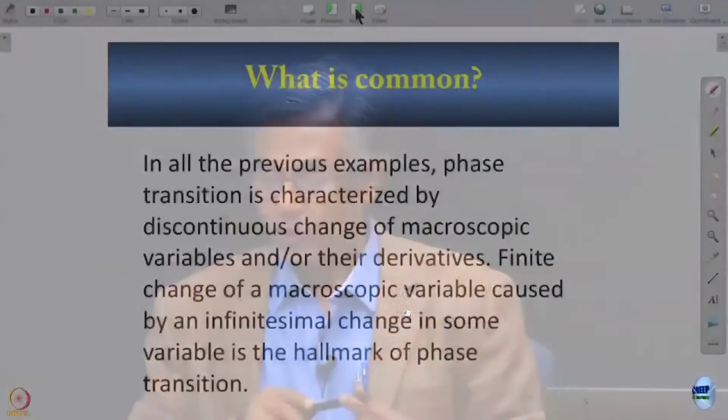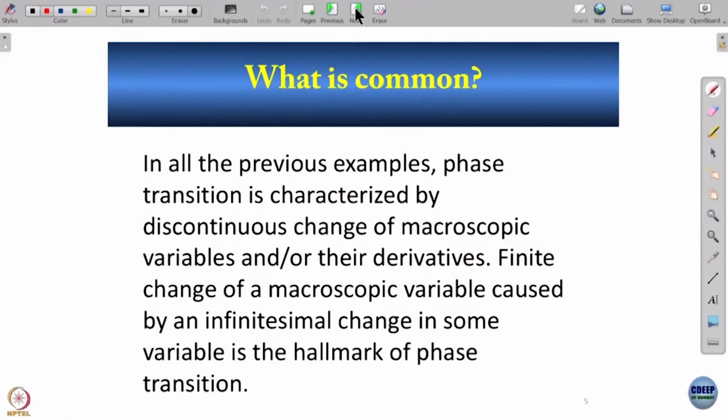So, I am talking in a very elementary language, but those were the newcomers. I must emphasize, this is a very, very important thing. So, these are the examples of phase transition. Let me go through. All these examples, this is my favorite, are characterized by a discontinuous change of macroscopic variables, that is, a finite change of a macroscopic variable due to an infinitesimal change.